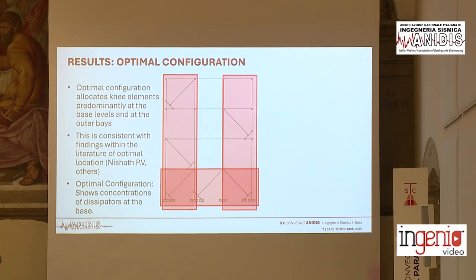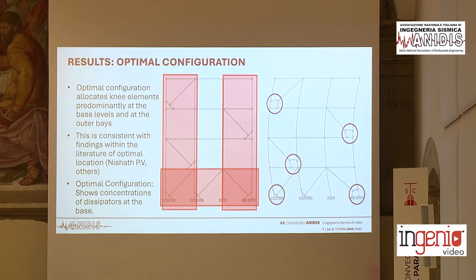The base level experiences the highest horizontal ground acceleration, so it needs to dissipate the most energy. And additionally, during the directional reversals in an earthquake, the outer base endures extra compressive and tensile stress due to contributions from higher mode effects. And as you can see here, it's normal that they are the most critical zones.